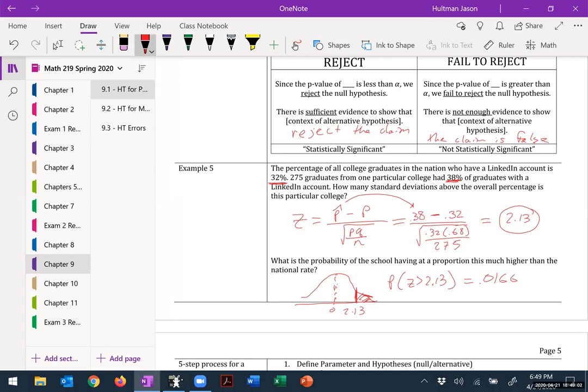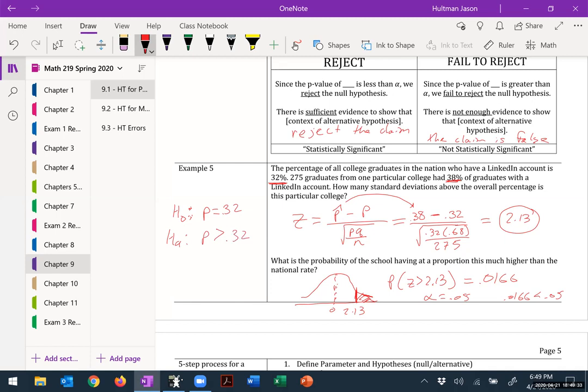If alpha was 0.05, we would say that 0.0166 is less than 0.05. If we had a hypothesis here, let's say that H0 was that the proportion of graduates was equal to 0.32, and the alternative was that the proportion was greater than 0.32.